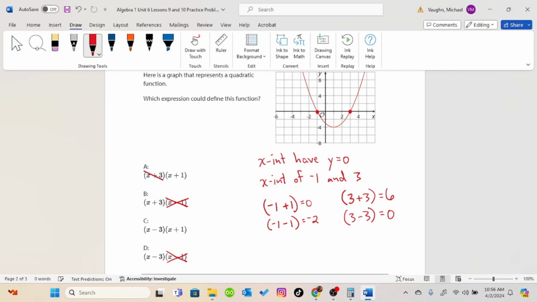So I could not have x plus 3. So the only one where both factors would give me the x-intercepts that I see on the graph must be choice C. If you have any questions about how to find the expression by using the graph, please use class time to ask for further clarification.